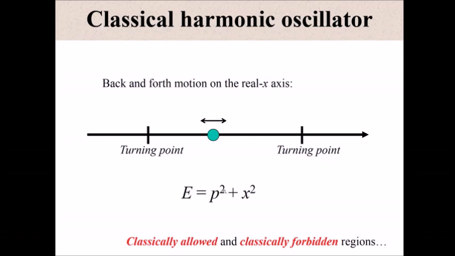The turning point is where p equals 0, so where x is equal to the square root of E. Now, if x is bigger than the square root of E, then x squared is bigger than E. But if x squared is bigger than E, then p squared is negative, and p squared cannot be negative. So this is called the classically forbidden region. And you all know that, and this is trivial, right?